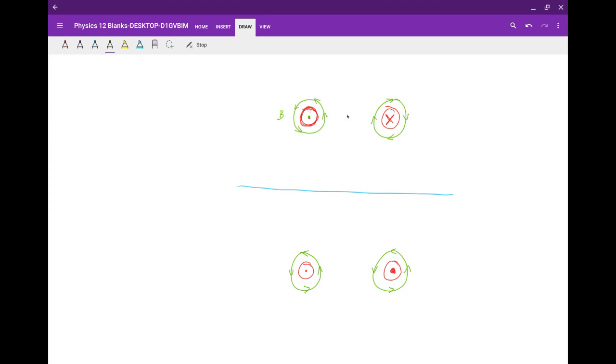So let's talk about what ends up happening. In this area, we get a bunch of magnetic fields that are all pointed up. In this area, we've got some magnetic fields that are pointed up and some pointed down.